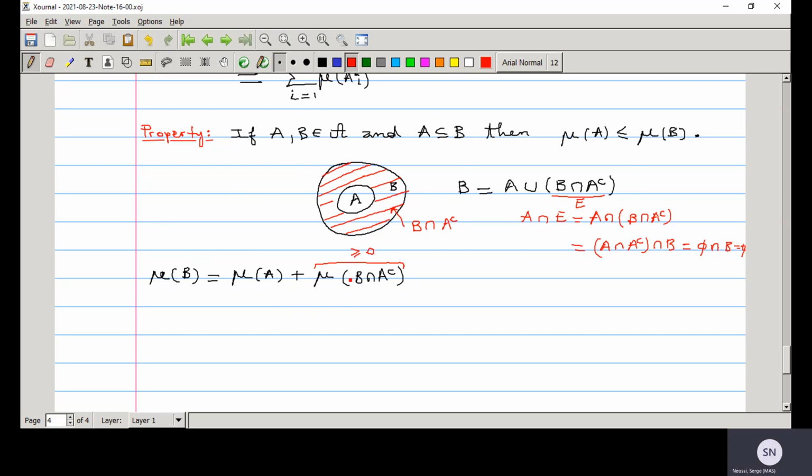So if I add a number that is positive or 0 to another number to get the next one, it means that this is greater than that one. And because it's greater than or equal to 0, this implies that mu B is greater than or equal to mu A.